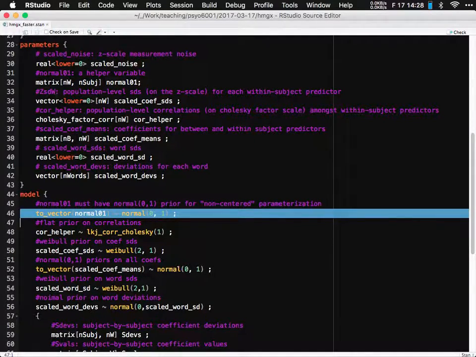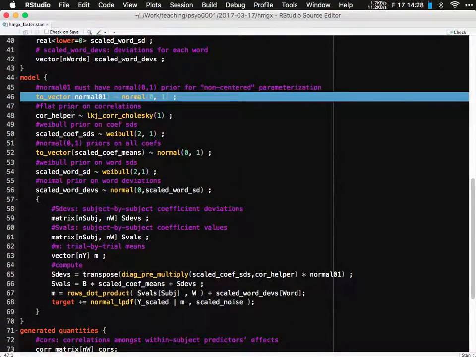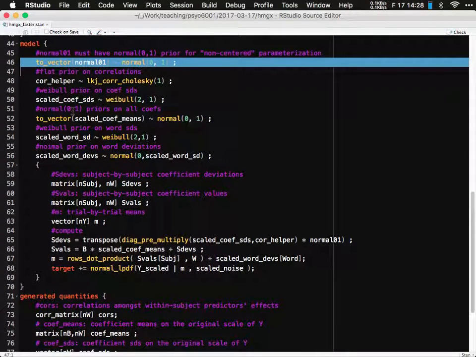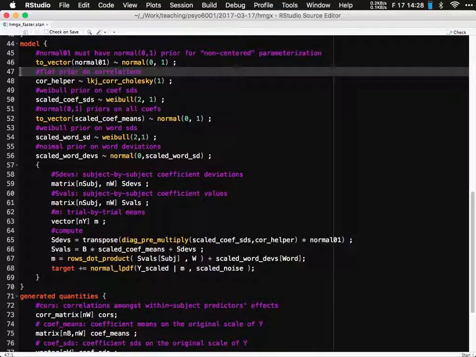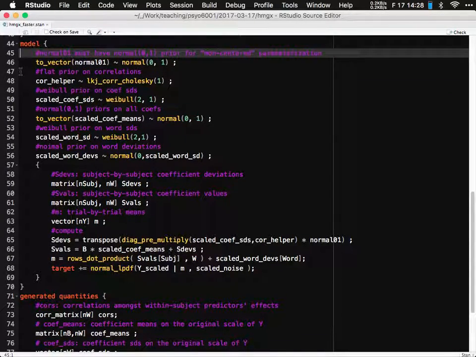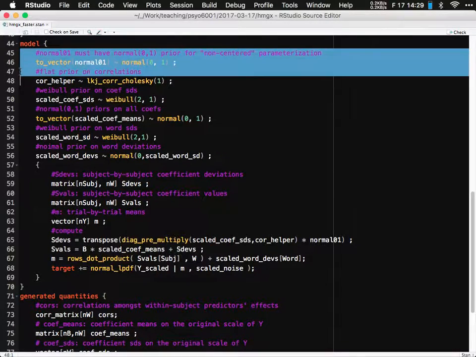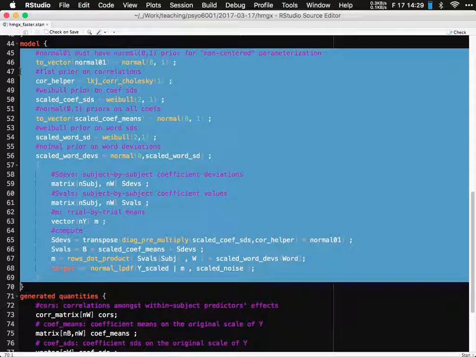I'm not going to go through this. You can take a look at it yourself if you want to get really deep into it. In the manual, there is a section you can search for, non-centered parameterization, and that will talk about how this model is mathematically equivalent, but it's actually the difference in how it expresses the model.